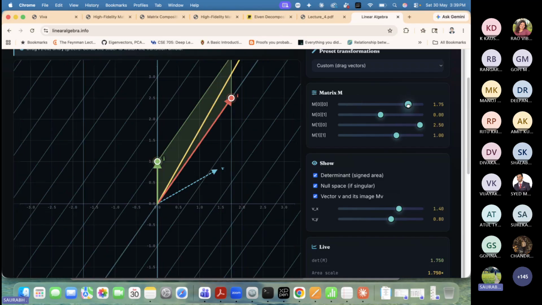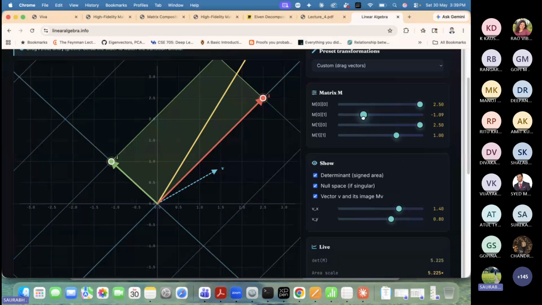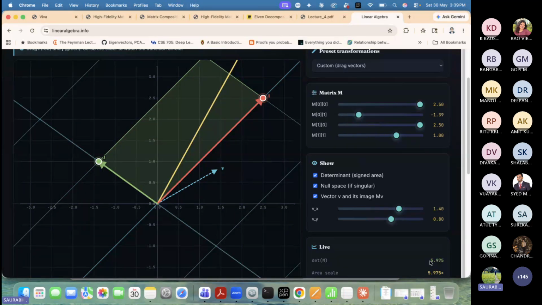Let's say, for example, if we have values like this, now you see that the determinant value is 5.97, almost 6, which means that the area is getting scaled up by 6 units. A small area, where my cursor is, was 1 unit, right?